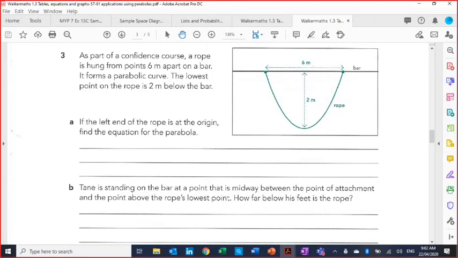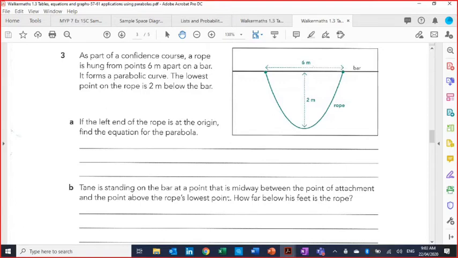Here you have a rope hung here. Lowest point of the rope is 2 meters below the bar, so that means we know a depth. Now this time, we don't know these pieces, but we know the depth. So this one is not the x-intercept equations. Well, yes, it can be, actually, because they tell you the left end of the rope is at the origin.